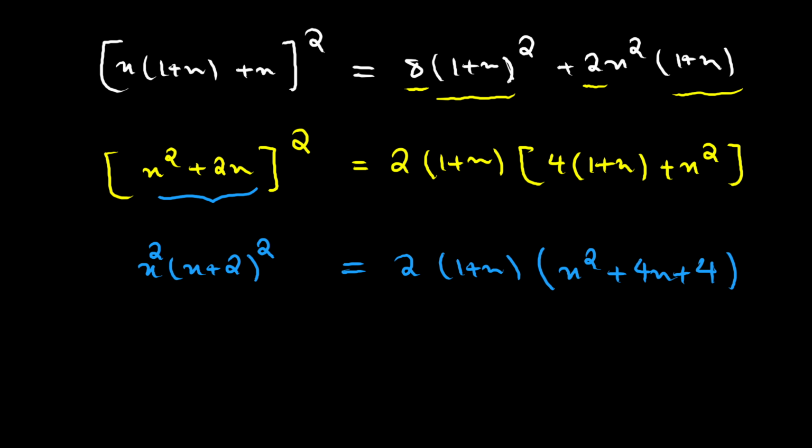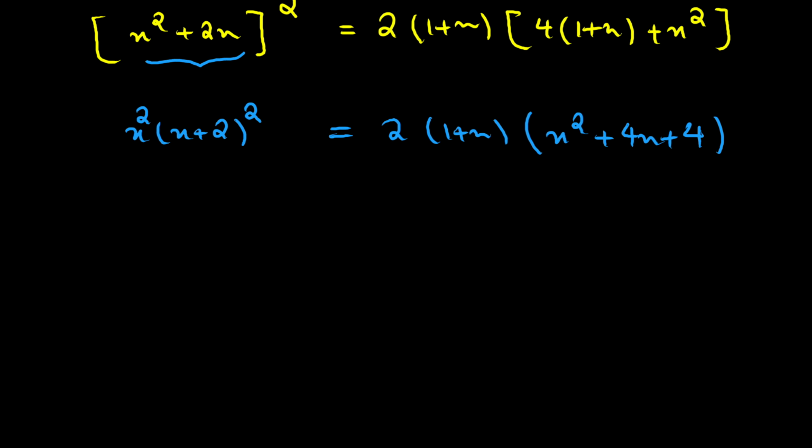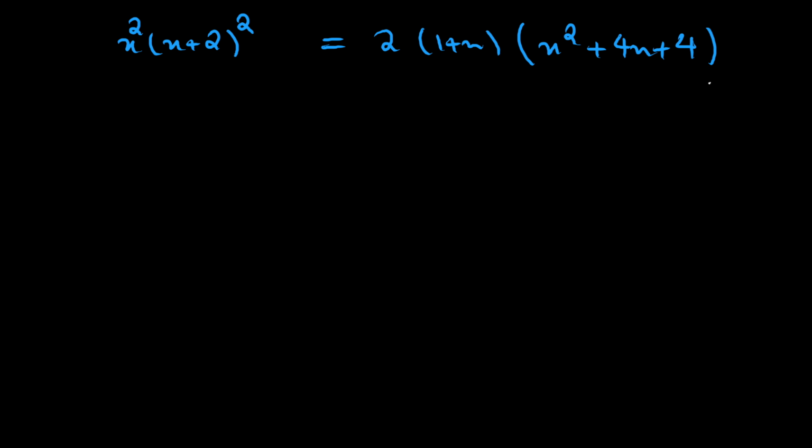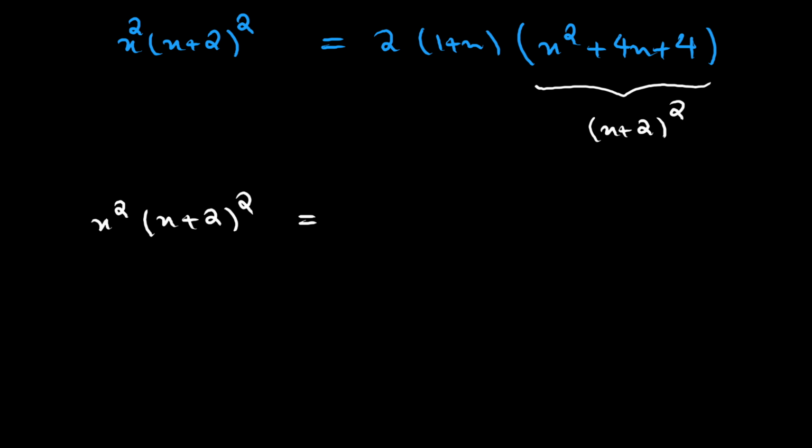Now, if you are familiar with perfect squares, you can easily say that this is the quantity (x plus 2) all squared. So we have x squared times (x plus 2) all squared equals 2 times (1 plus x) times (x plus 2) all squared.